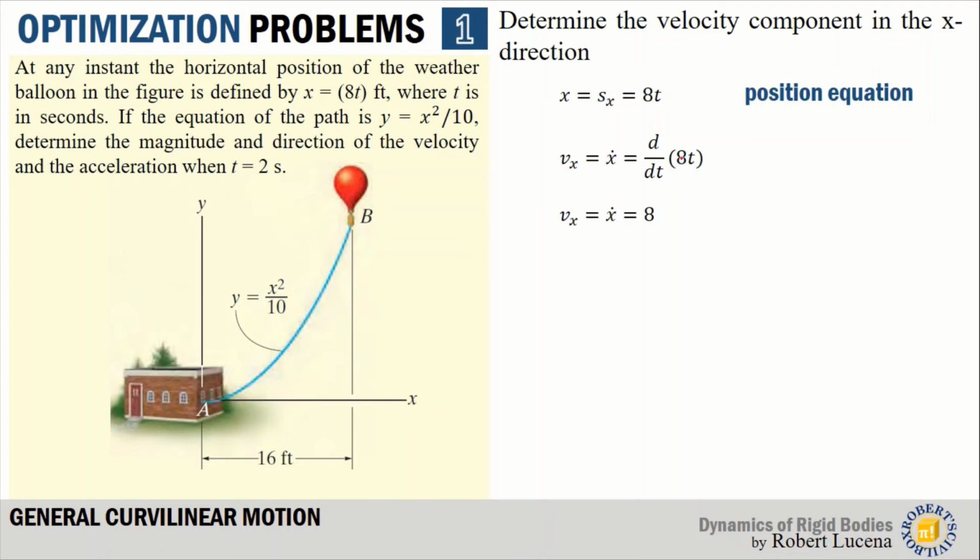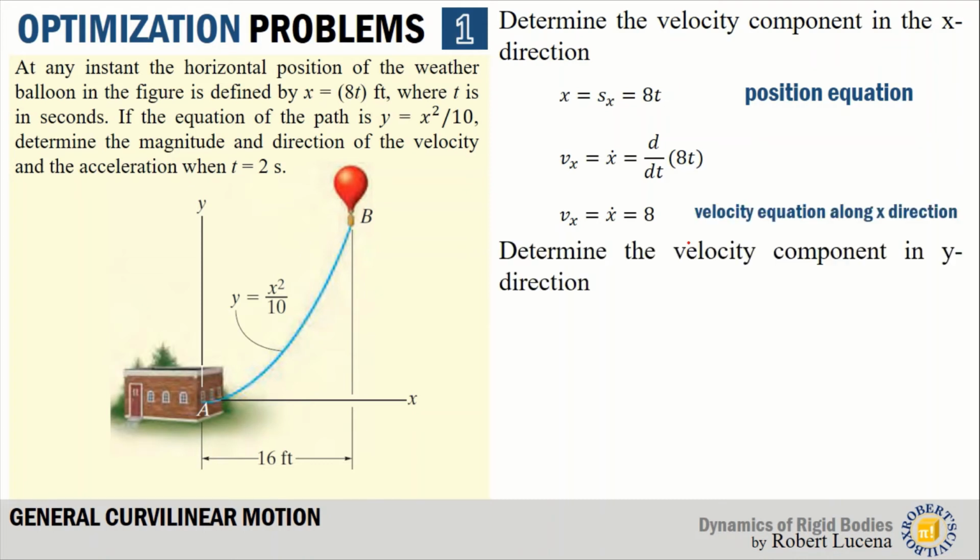Now differentiating 8t, we get 8. So now we have Vx equal to 8, and that is your velocity along x direction. Now we can see that there is a constant velocity about x-axis. But again, this is not the velocity of the object, this is only the velocity about x-axis. There's also a velocity about y-axis.